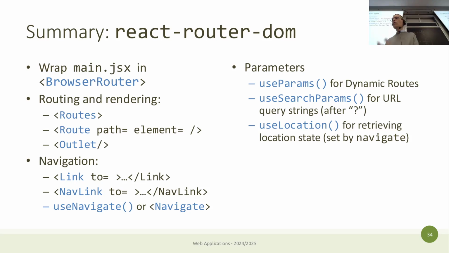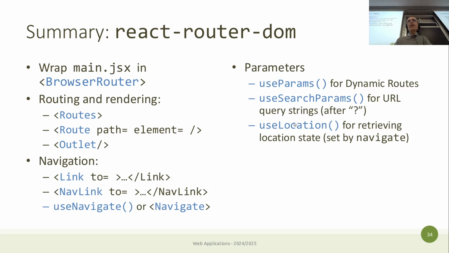That's what we are going to do in the second half of the lecture. If you have nested routes, you need to find a place where to put the Outlet, so the nested part inside the route, where to render it. And then when you need to navigate, just use Link or NavLink if you want to highlight it. Use useNavigate in case you need to navigate to a different URL inside the event handler.